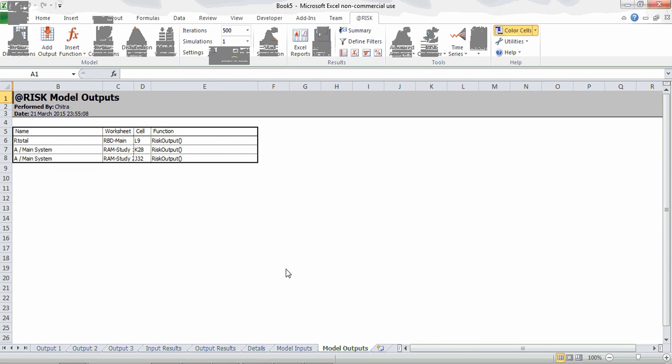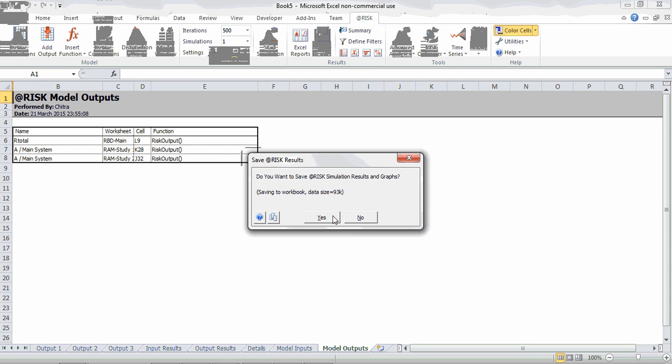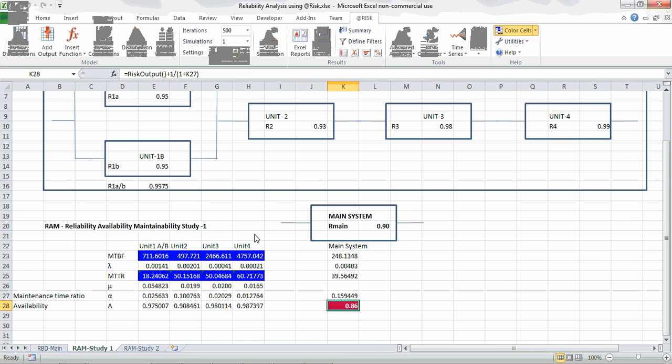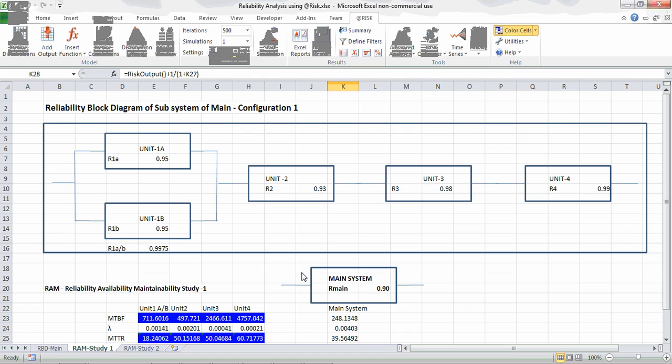Well, let's save it. This gives an idea of how Monte Carlo simulation can be applied for reliability systems such as this.